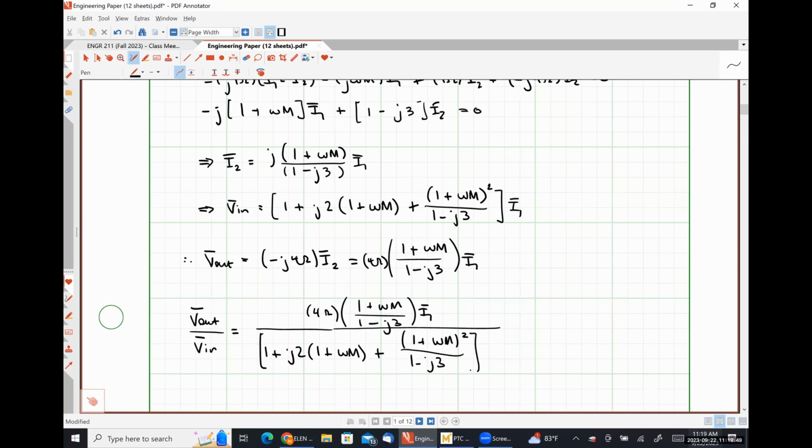We block this thing off here, all of this times I1. These I1s cancel each other. We okay with that? And now I'm going to multiply through by 1 minus j3 over 1 minus j3 to clear some fractions.